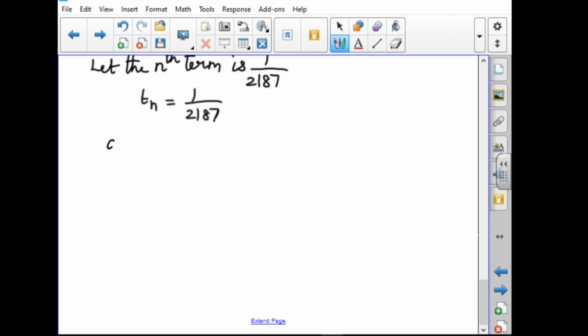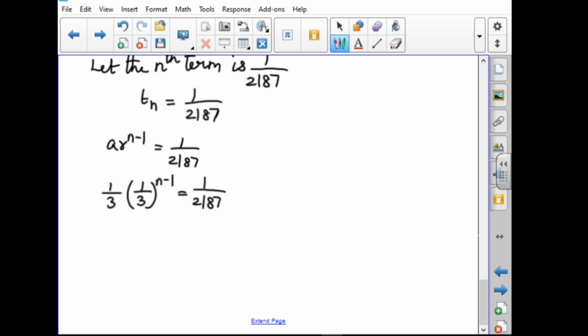Write the formula: A r power n minus 1 equal to 1 by 2187. The A value is given as 1 by 3, and R is also 1 by 3. So 1 by 3 into 1 by 3 whole power n minus 1 is equal to 1 by 2187.